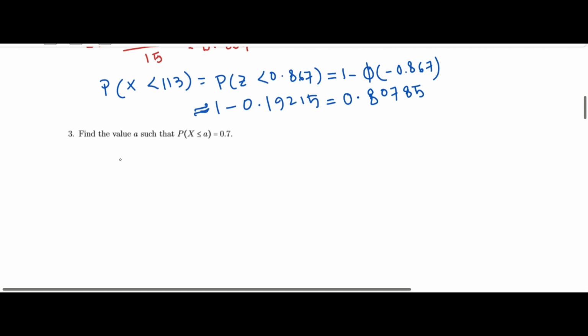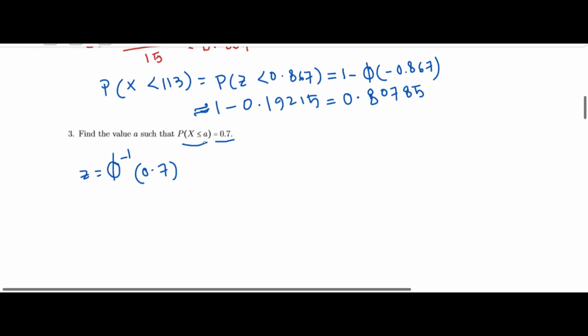The next part asks to find the value a such that P of x less than or equal to a is equal to 0.7. The best way to do this is to find the z-score associated with 0.7, that is, find the z-score by taking the inverse CDF of 0.7.